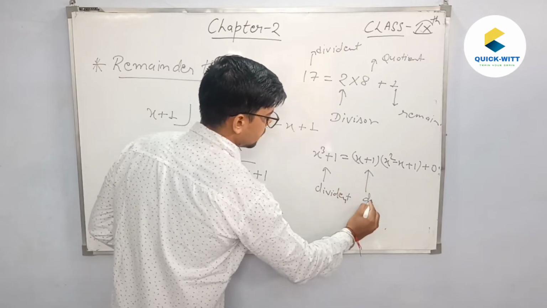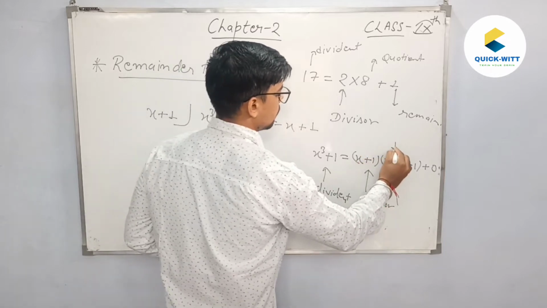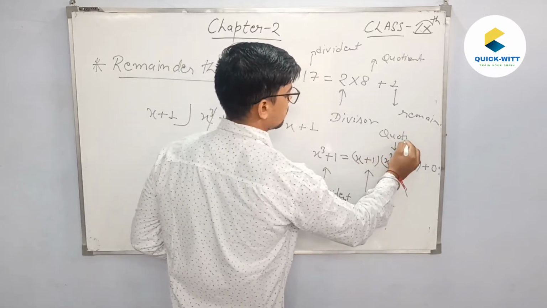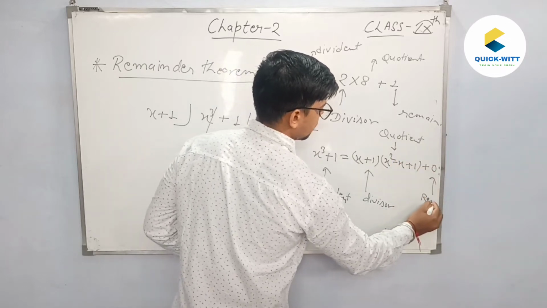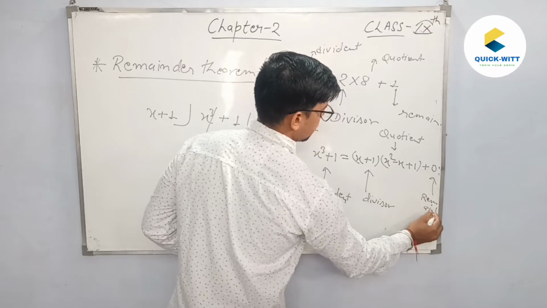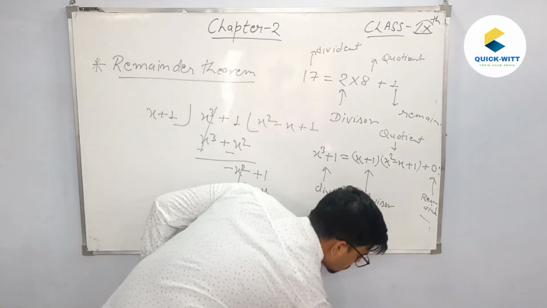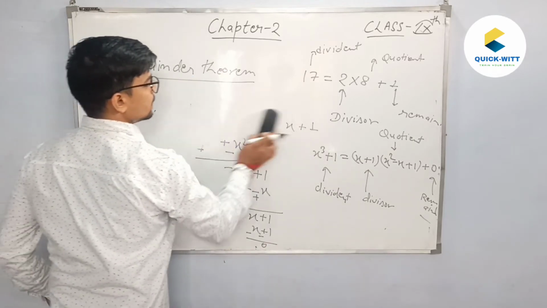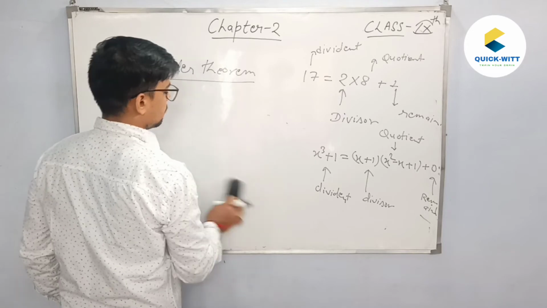It is our divisor. This will be our quotient and this will be our remainder. Okay, so I can write it this way. So this will give our theorem, remainder theorem.